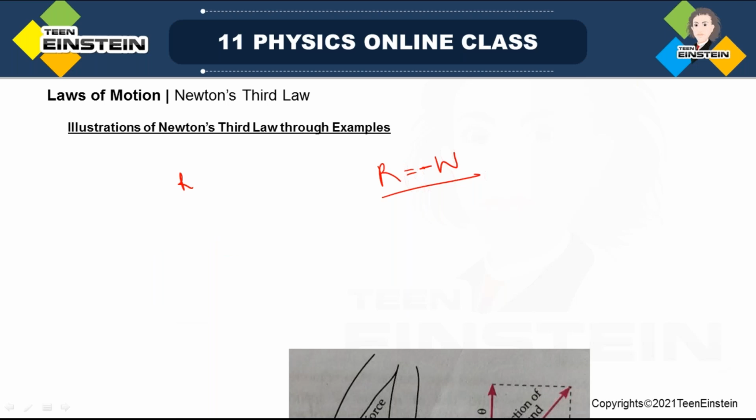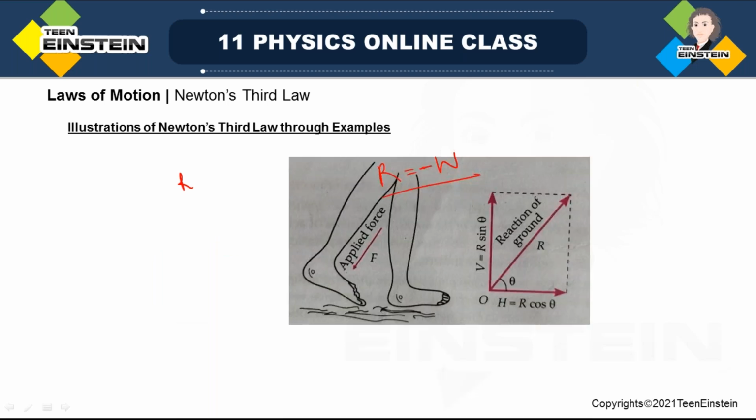See, because of this normal force only we feel our weight. Suppose you are weighing your body weight, you just step on some kind of spring balance and you see the reading.